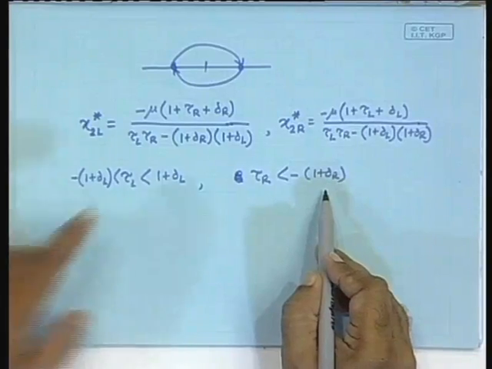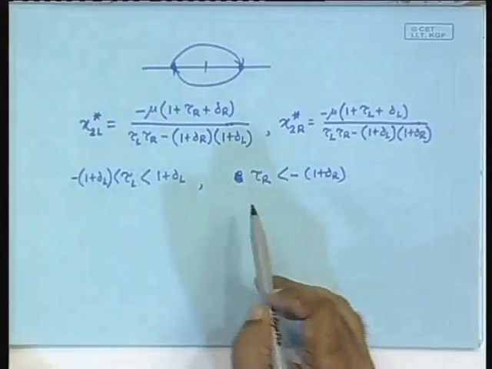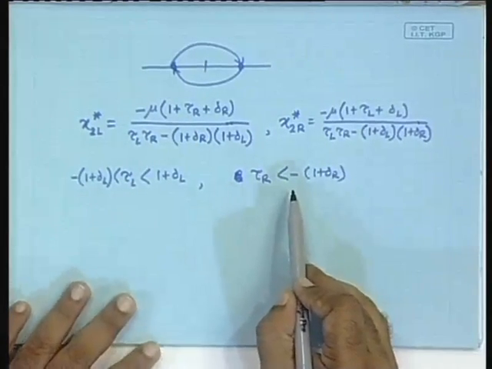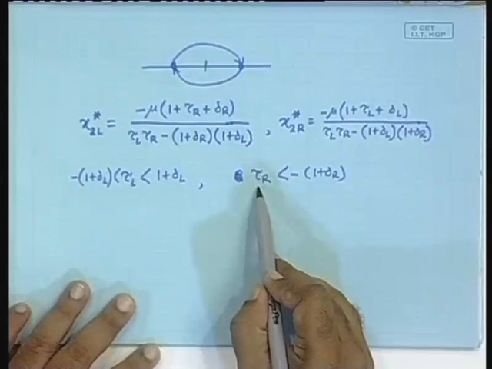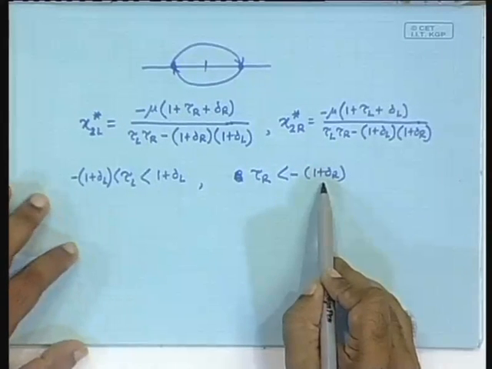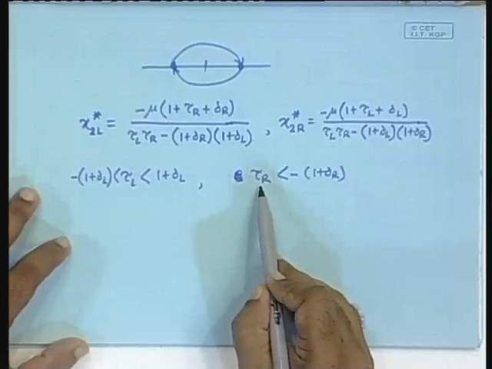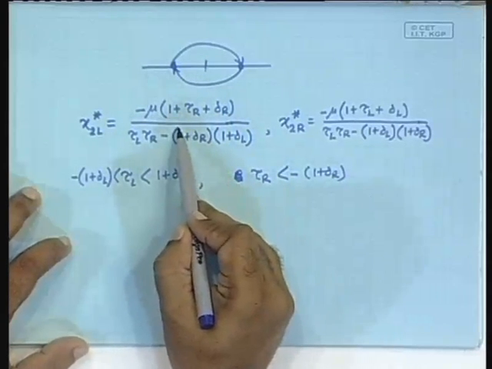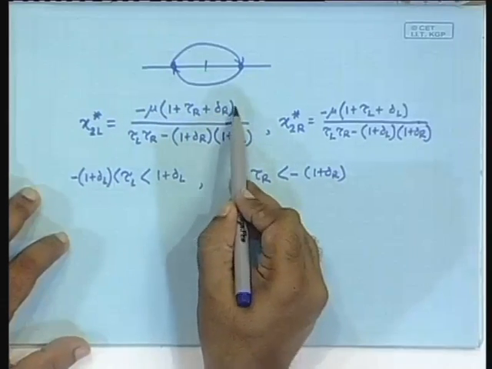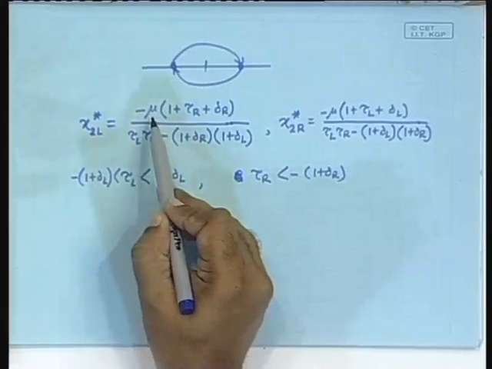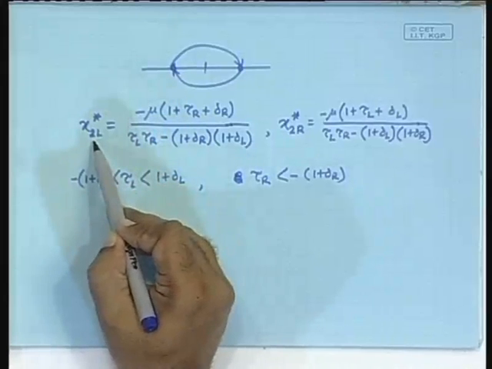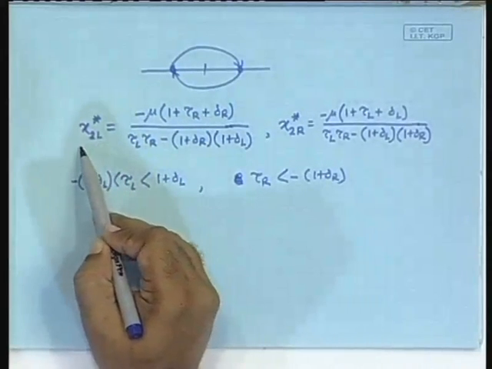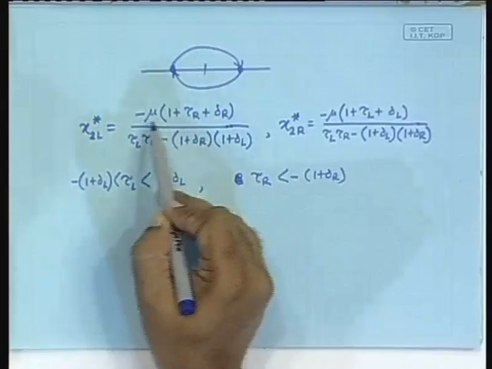Let's look at the situation here, tau r, which appears here. So, tau r less than minus 1 plus delta r. So, take it to this side, you have negative, this term negative, right, this term is negative and this term is negative, and then this fellow will be, I want this to be negative, and this term is negative, here is a minus.